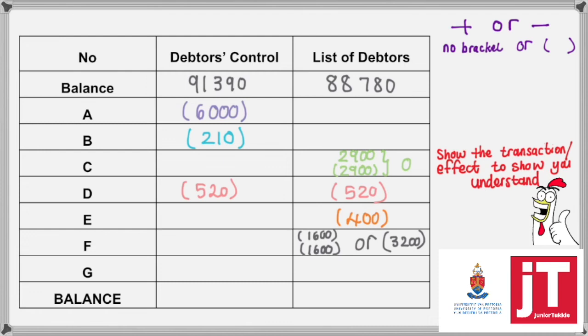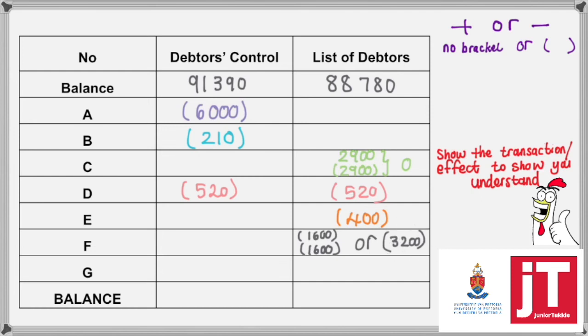And then lastly is where I posted to the incorrect side of William's account. I posted it as an invoice instead of a credit note, so I must minus twice. So you can now either put minus 1,600, minus 1,600, or a total minus 3,200 Rand.